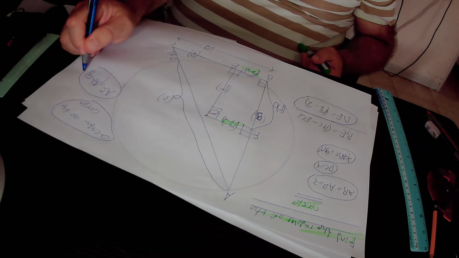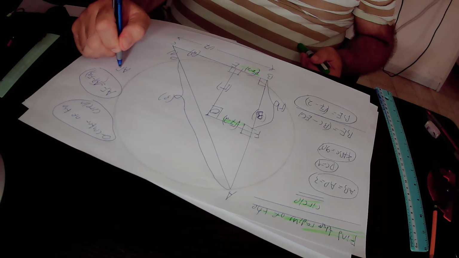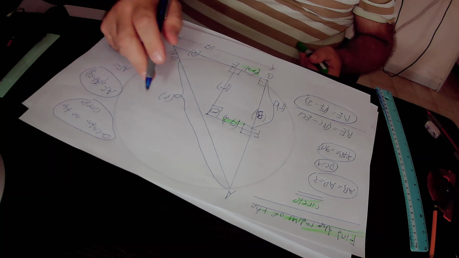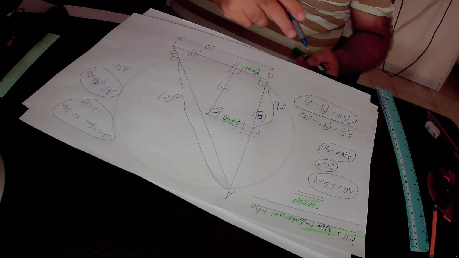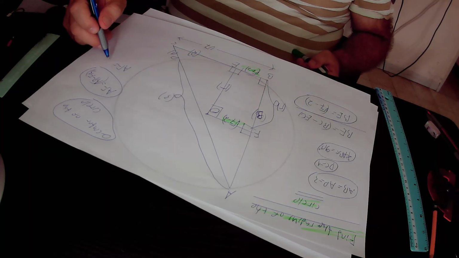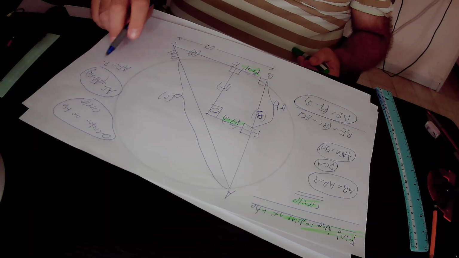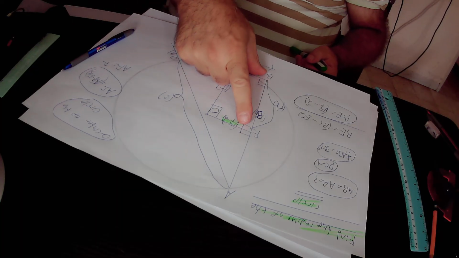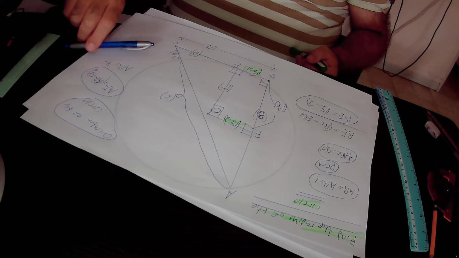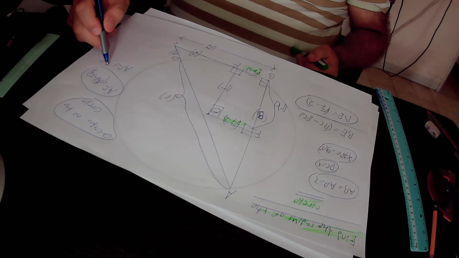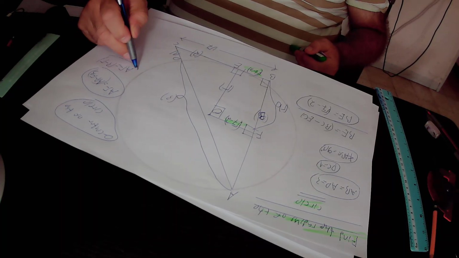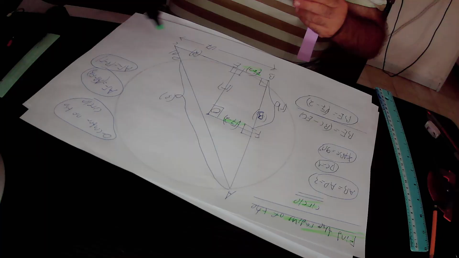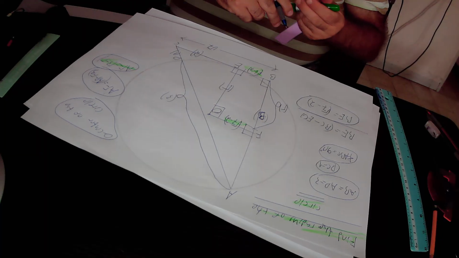So AF equals AB, which equals 3 units in length according to the question, minus FB. We just found out that FB equals R. So in total, the missing side AF equals 3 minus R units in length.